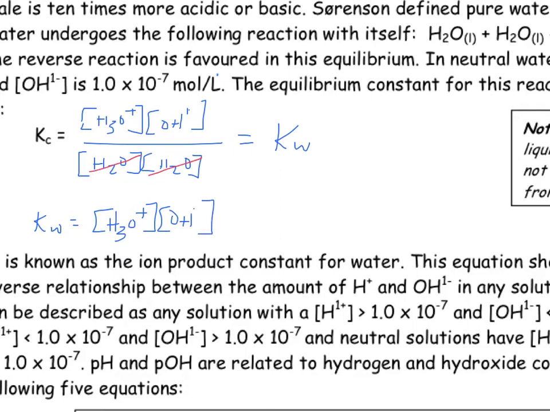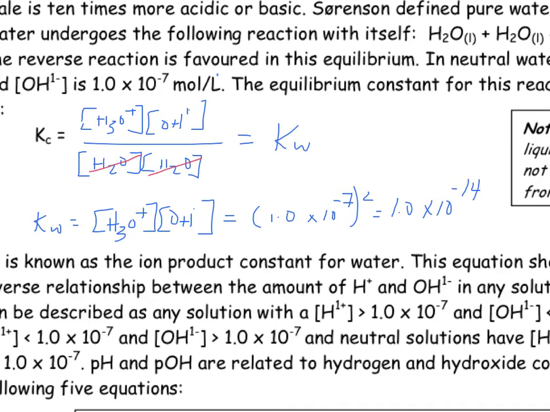If we sub in the value of the concentration of these ions at 25 degrees Celsius, we can solve for the value of Kw. This is an important expression.